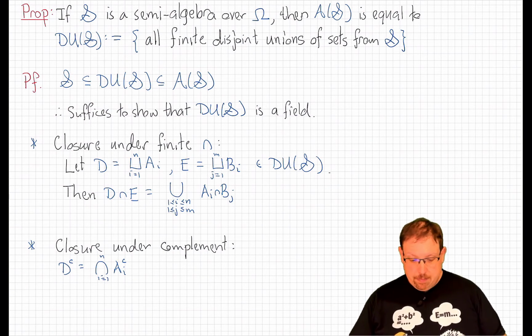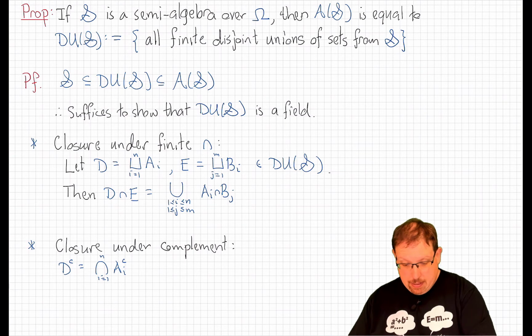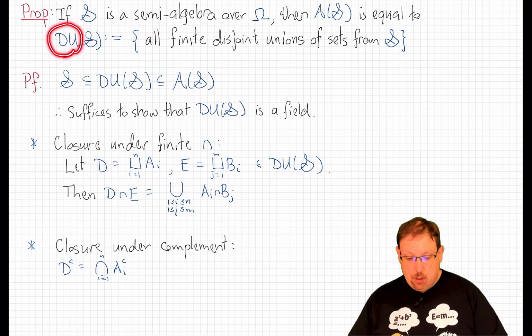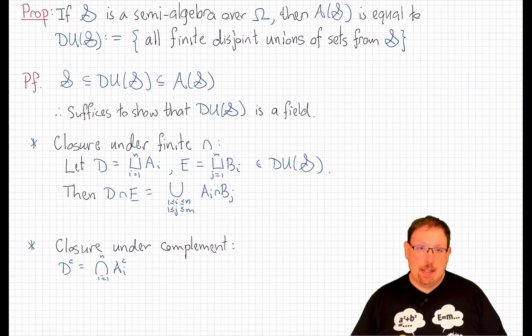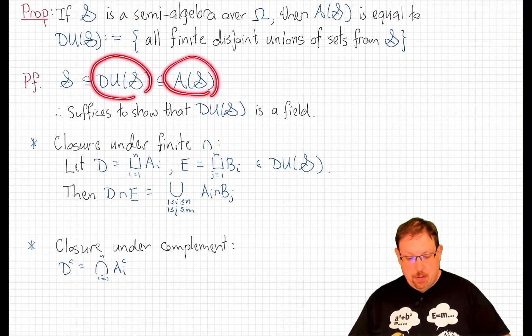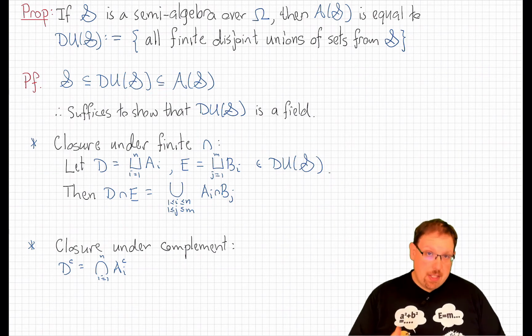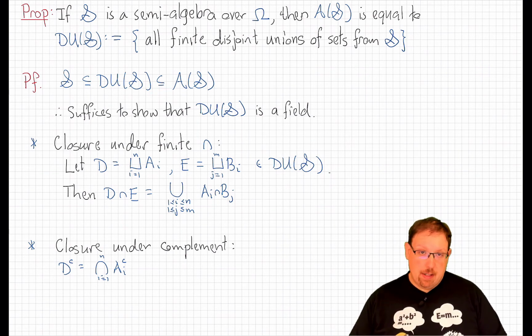To begin, let's give this putative algebra a name. Let's call it du of S, the set of disjoint unions of elements of S. We'd like to show that du of S is equal to the algebra, or field, generated by S. The first observation is that it's contained in the field generated by S by the same argument that we made in the Borel case a few slides ago.